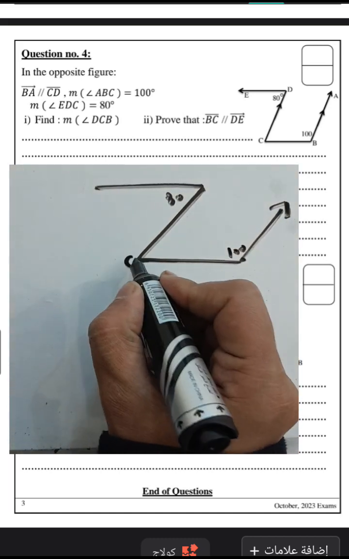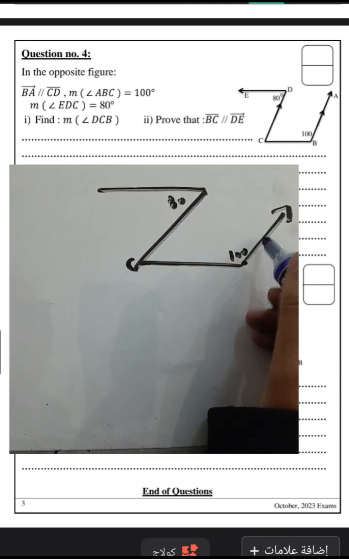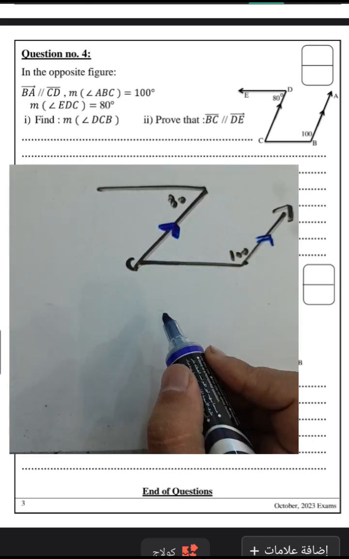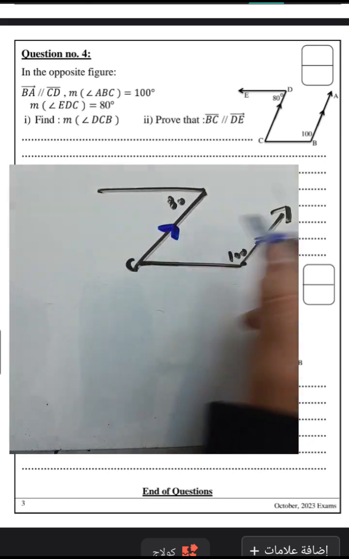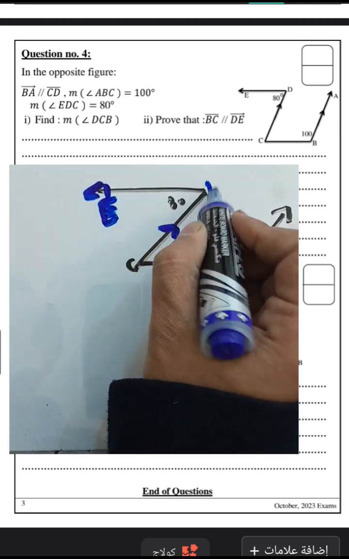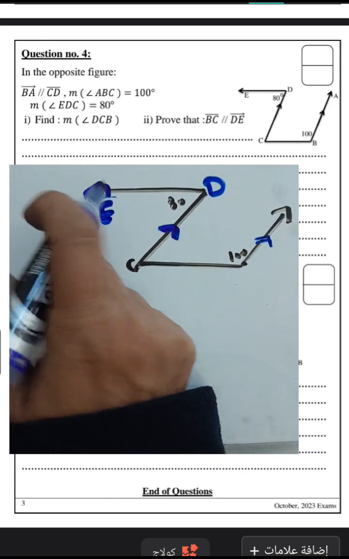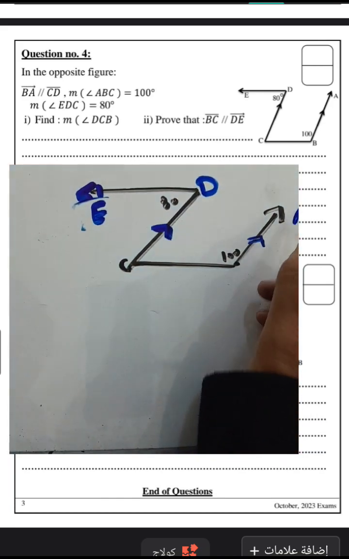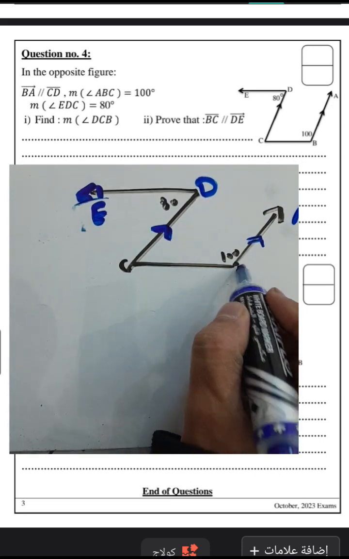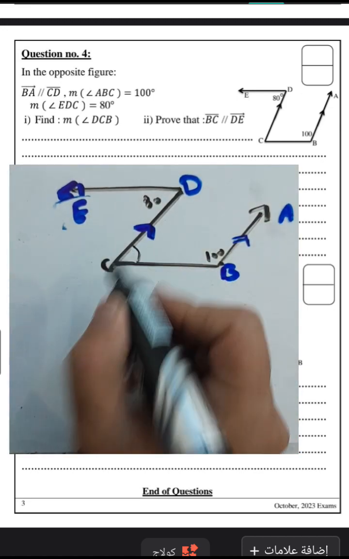This angle is C. Here we have E and D, and A, and here C, and this point P. We want to find the angle DCB.